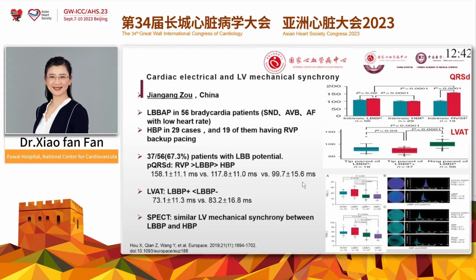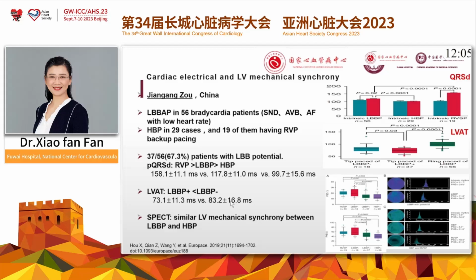Professor Zhou's team first evaluated the LV mechanical synchrony by SPECT. They compared the effect of LBBP, HBP, and RVP in patients with LBBB. This study was at the initial stage of our LBBAP practice.